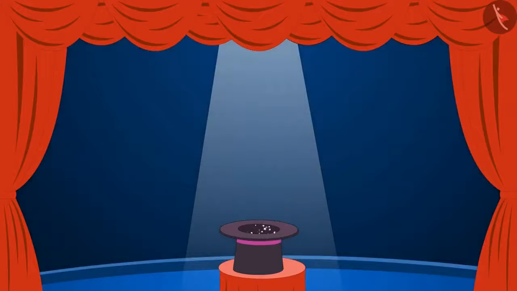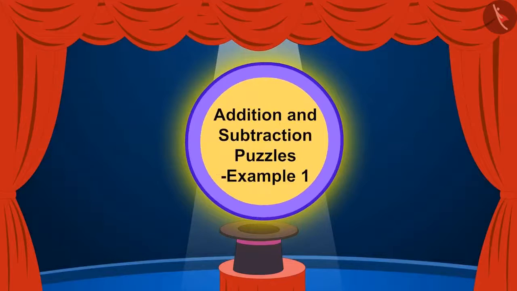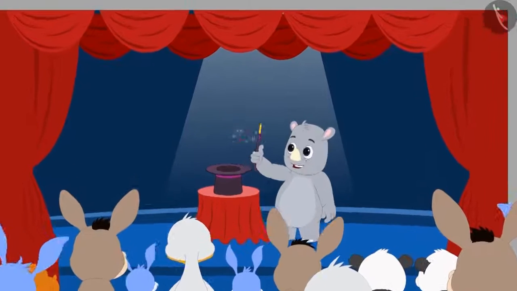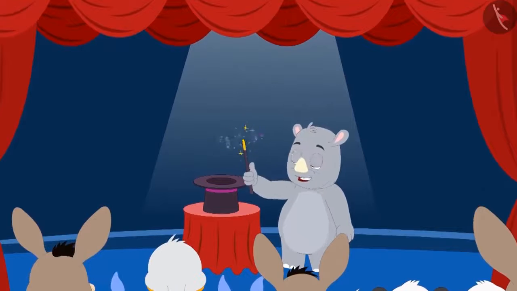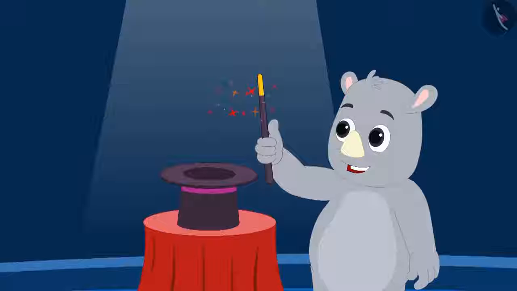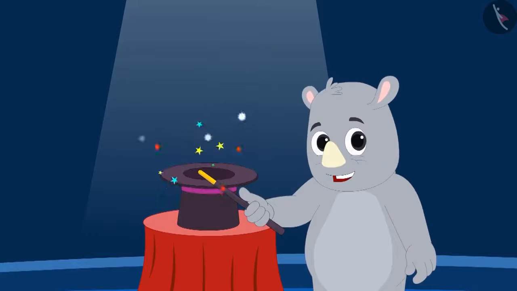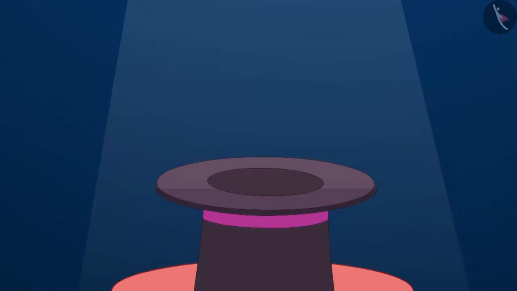Children, in this lesson, we will learn when to use addition or subtraction in a puzzle. Today, Gaggu is conducting a magic show in the village. First magic has begun. He has kept 70 yellow flowers in a flower vase.